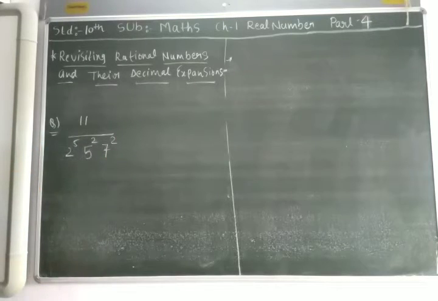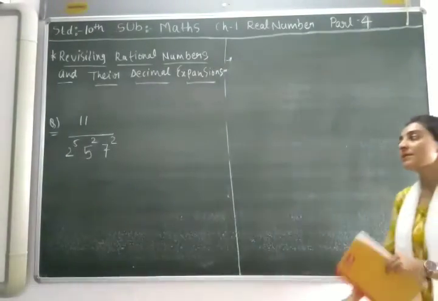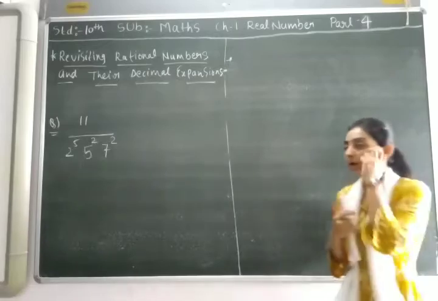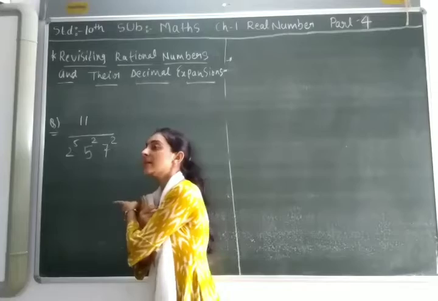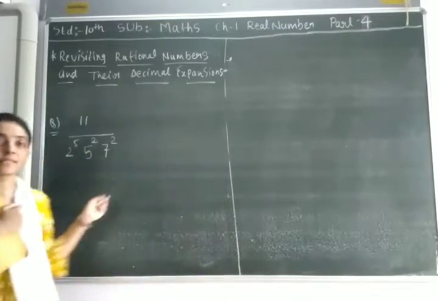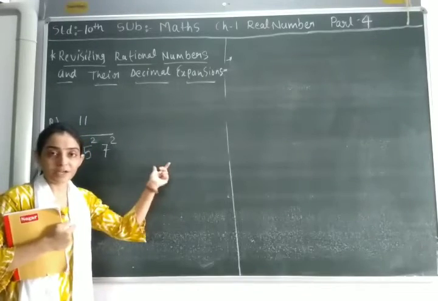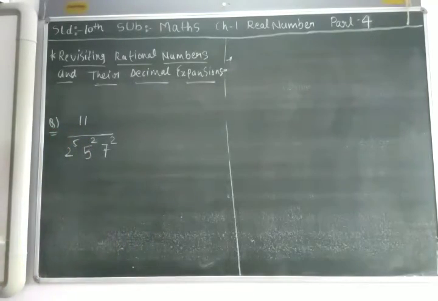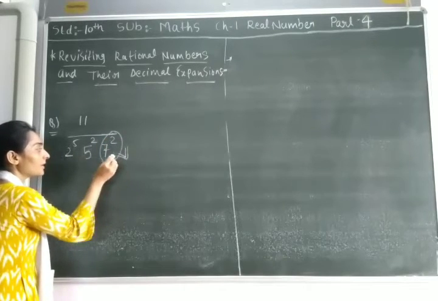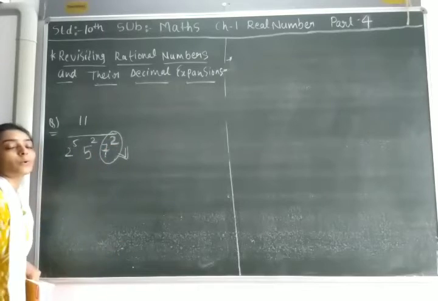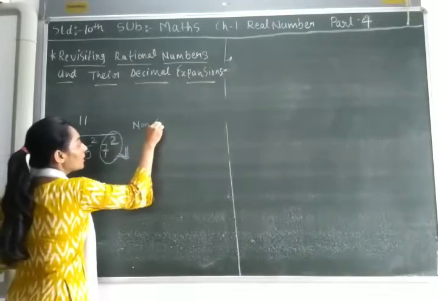See, this is my x. What about its decimal expansion? Can we say it's terminating or non-terminating? Yes. We just check its denominator, 7 raised to 2. From this one, we can say it's non-terminating.